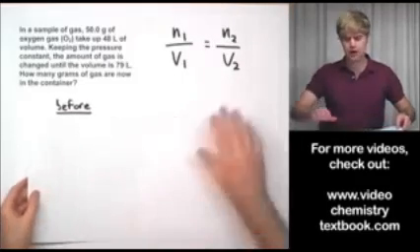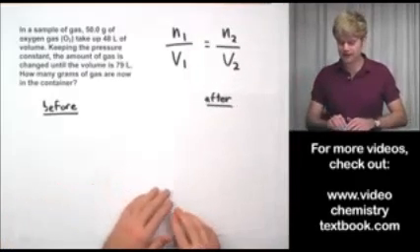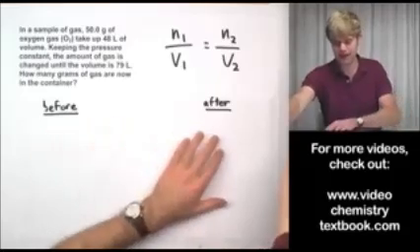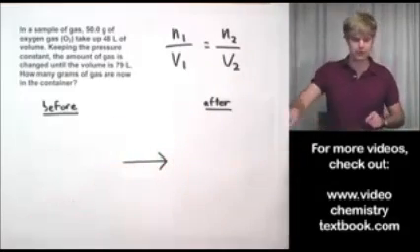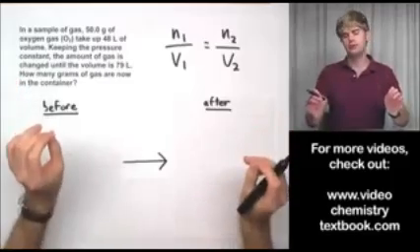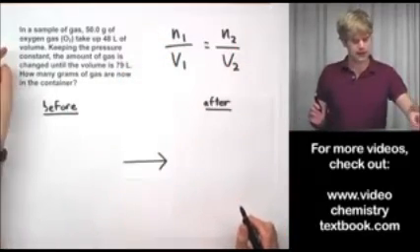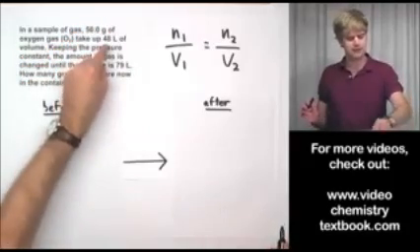When I'm doing problems like this, I find it really helpful to keep track of my variables by making a chart like this. I've got my before and I've got my after, because we said there's a change that takes place, this little arrow, we're moving from one to the other. Let's get our variables straight before we plug anything into this equation. So, in a sample of gas, 50 grams take up 48 liters.